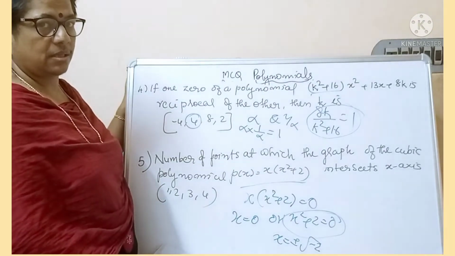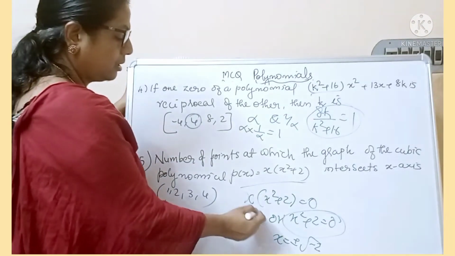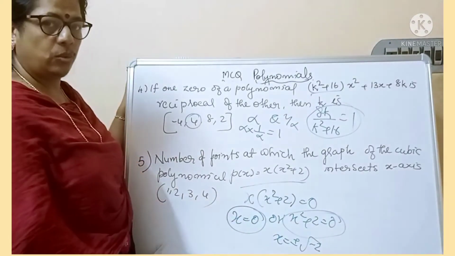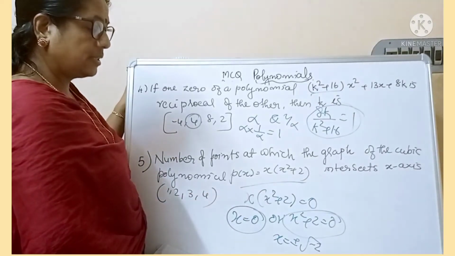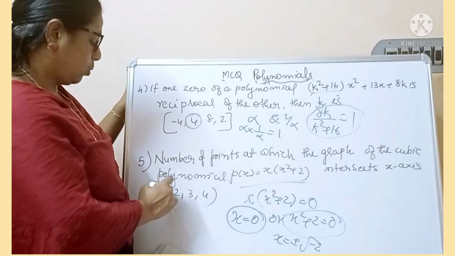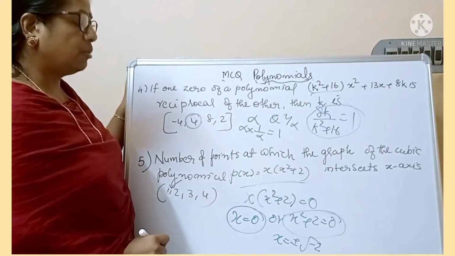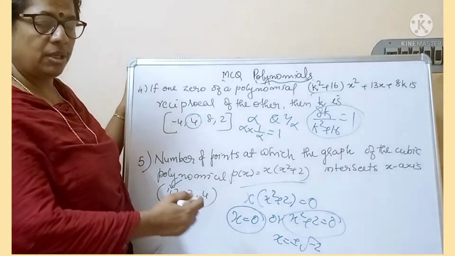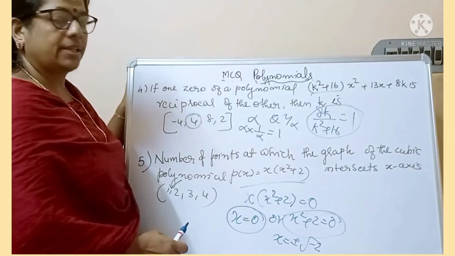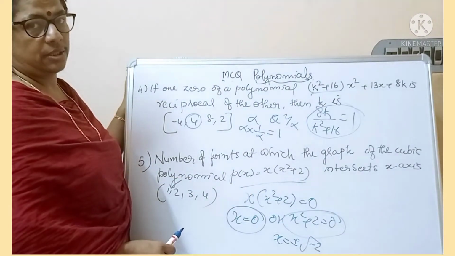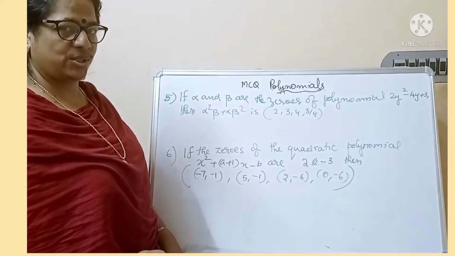Here only when x is equal to 0 does it intersect the x-axis. How many points? Only 1 point. So the number of points at which the graph of this cubic polynomial intersects the x-axis is only 1 point.